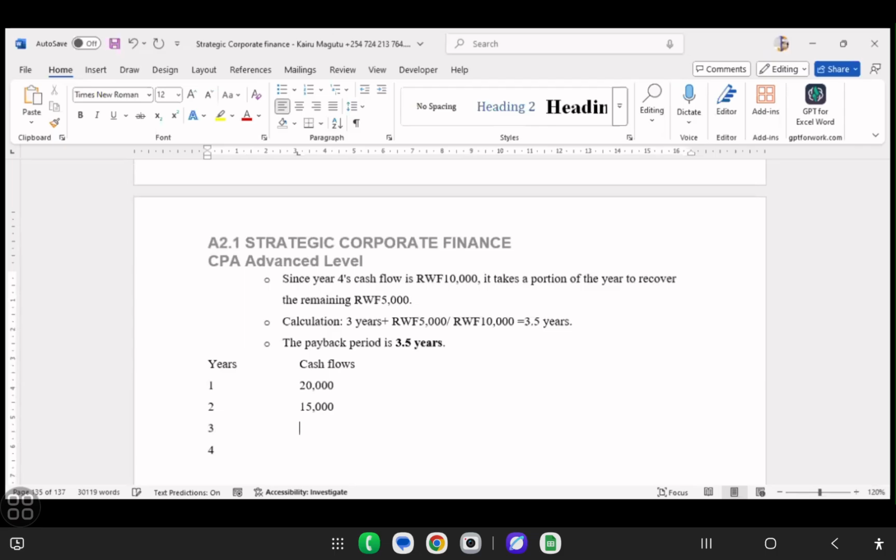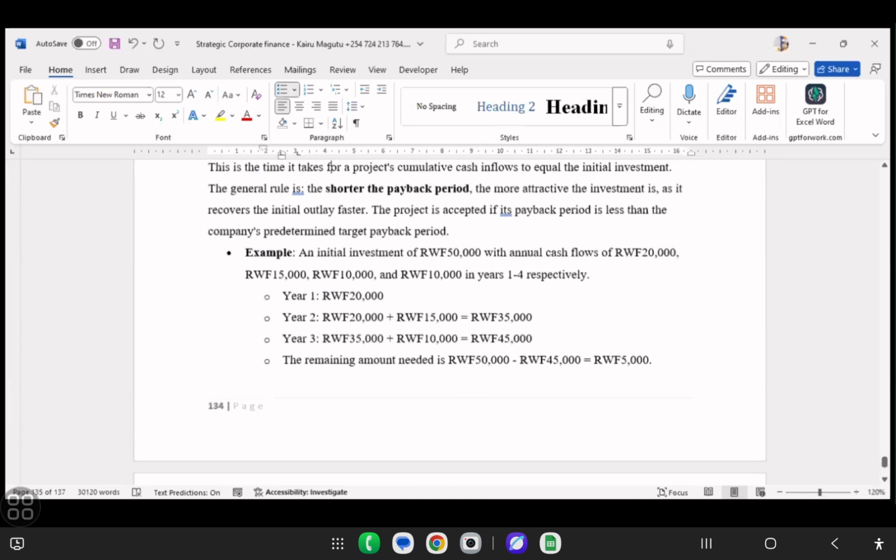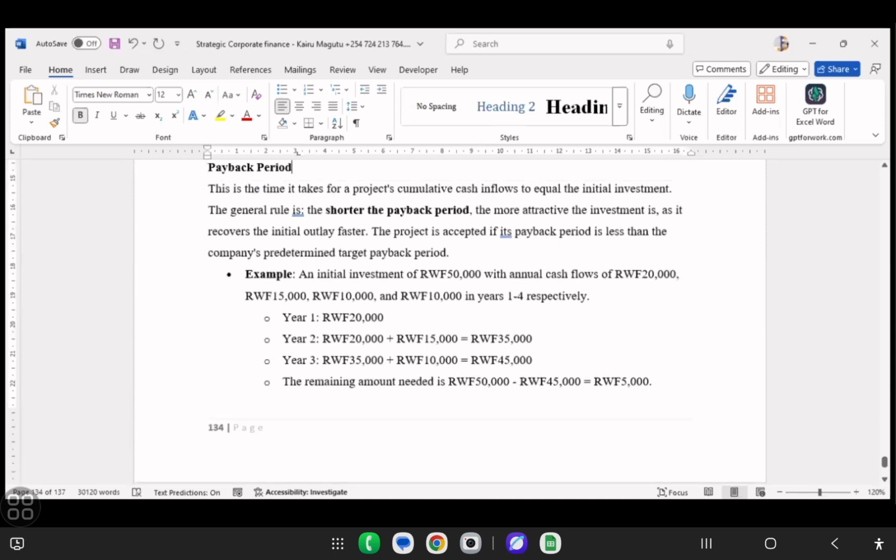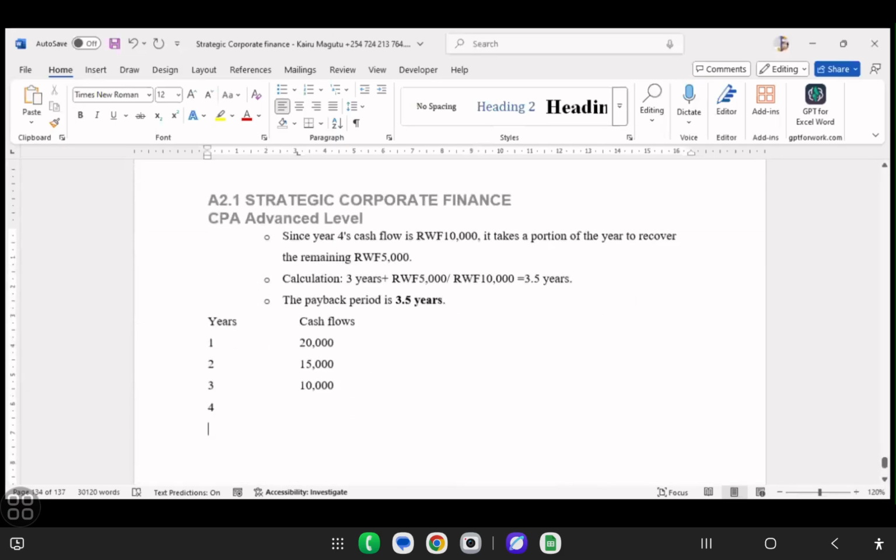We are told that the cash flows are 20, 15, 10, 10. Year 4 is equally 10.